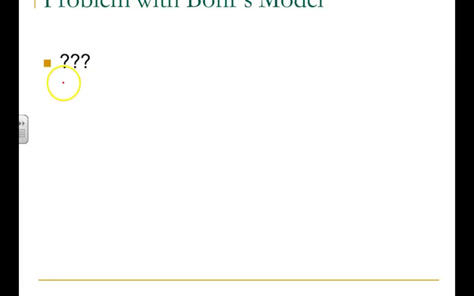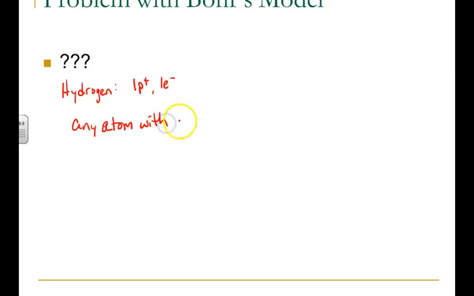was this. Bohr's model worked well for hydrogen. 1 proton, 1 electron. It's the simplest atom. However, if we went to any atom with more than 1 electron, the model failed.